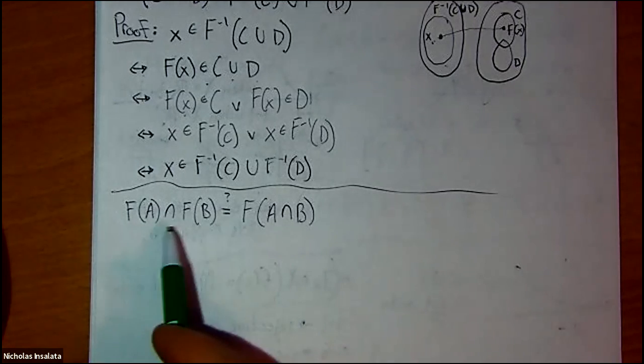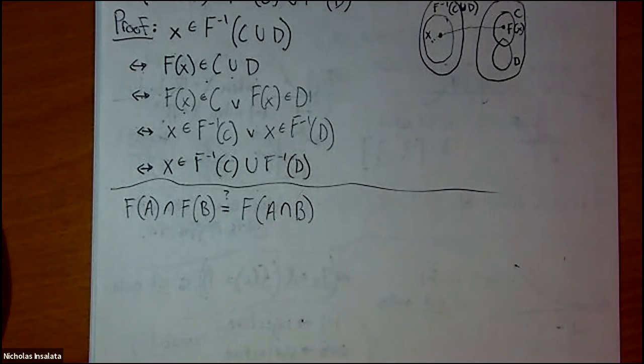Any thoughts on how to proceed here? Well, we could do that if we're trying to do an element style proof, but I don't think we should do an element style proof here.